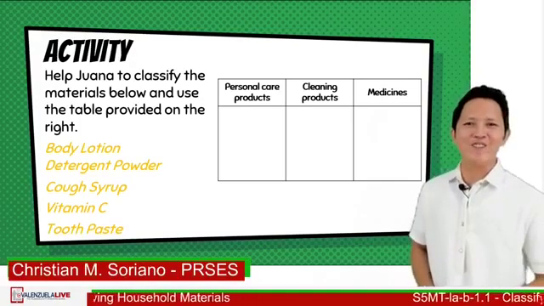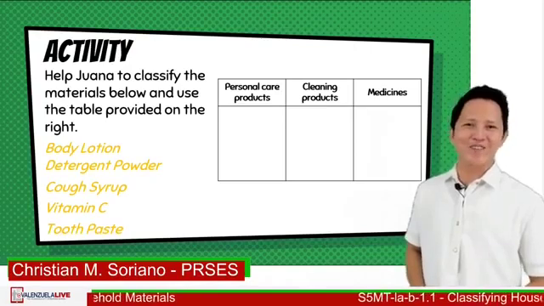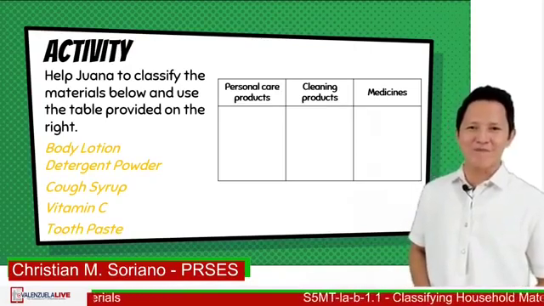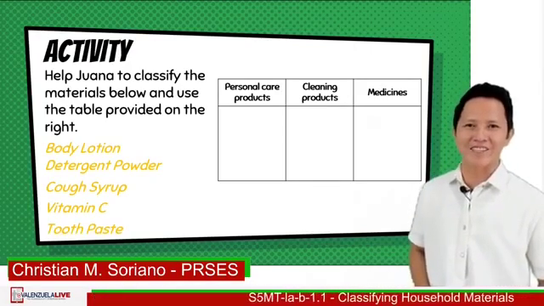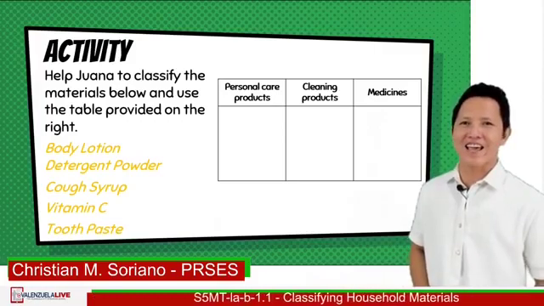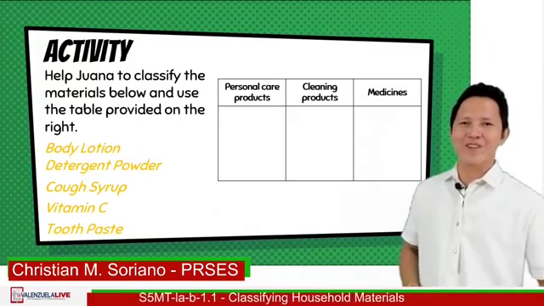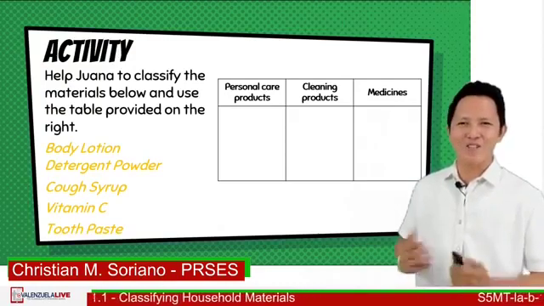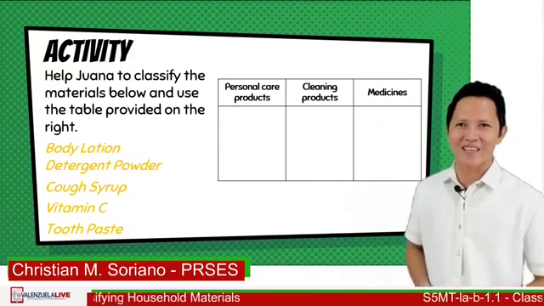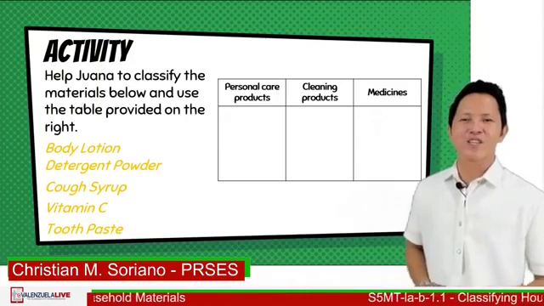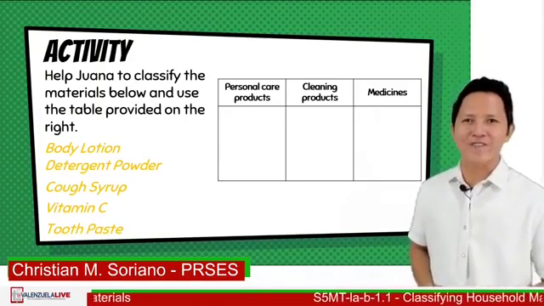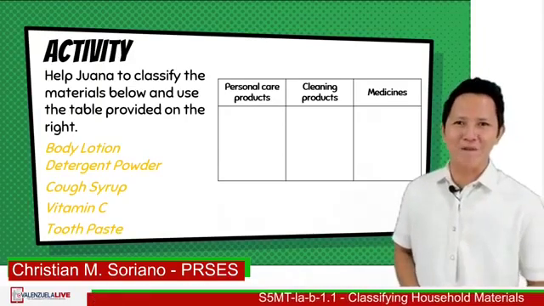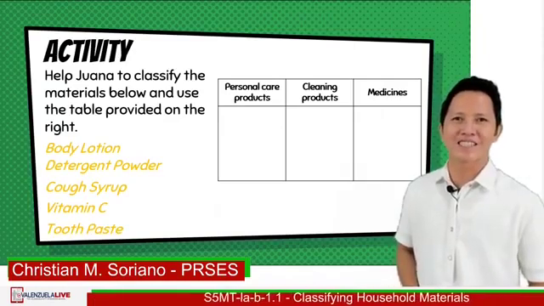All right, I'm sure this one is easy for you, and our time is up. I'm going to reveal the answer, class. After Juana learned that household materials can be classified, she should classify the materials they bought as follows.